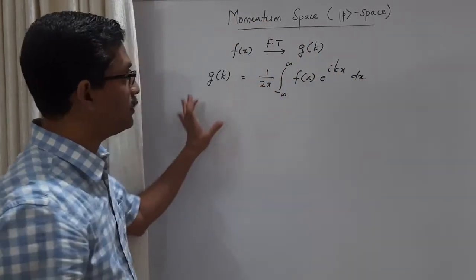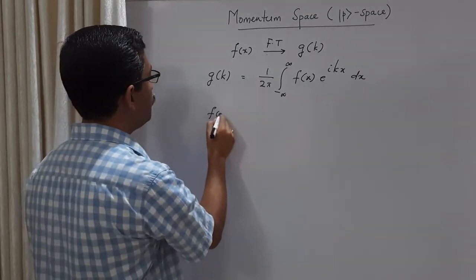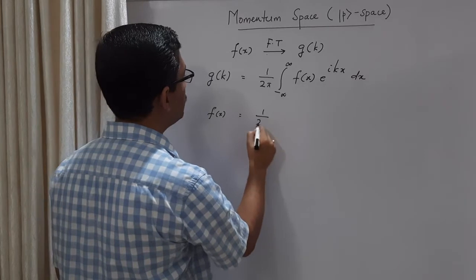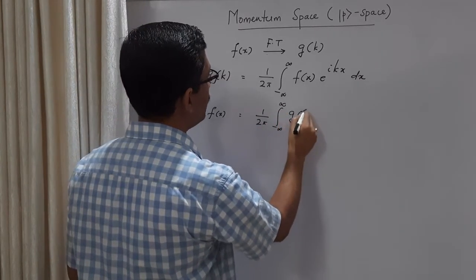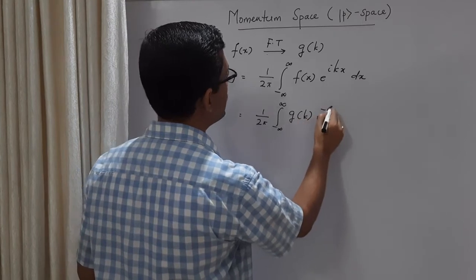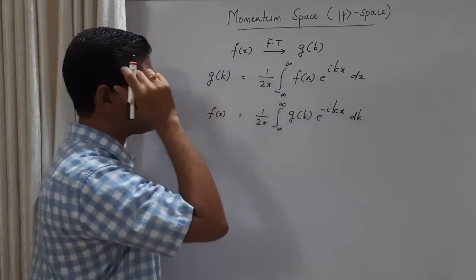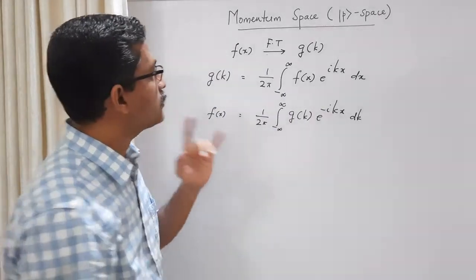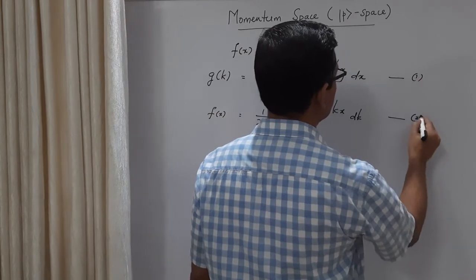This is the definition of the Fourier transform. And the inverse Fourier transform is f of x equals 1 by 2 pi integral g of k e raised to minus i kx dk. This is the inverse Fourier transform. Let's call it equation 1, equation 2.